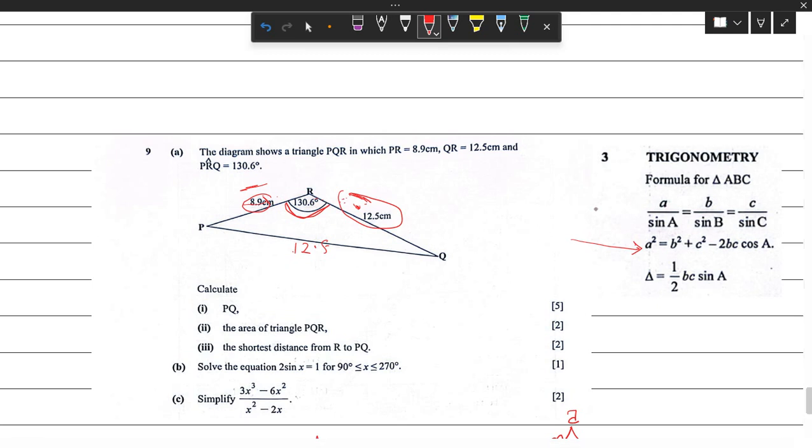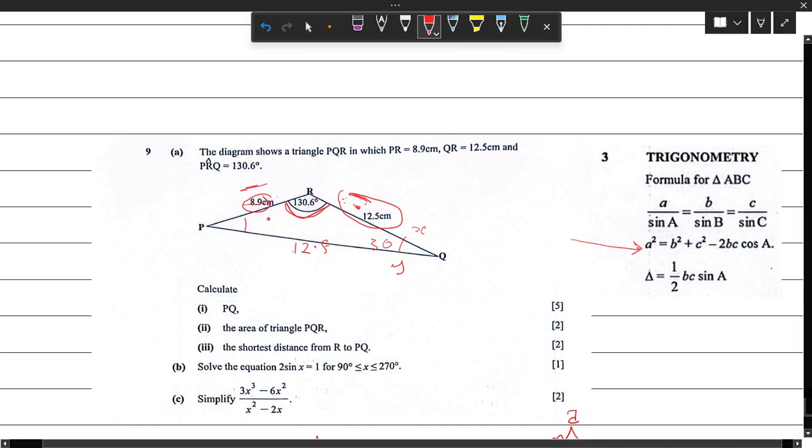I'll find a question which involves sine rule and show you how to use it, but that's the basic idea here. The angle can be here, they can give you distances here and here, you use sine rule.